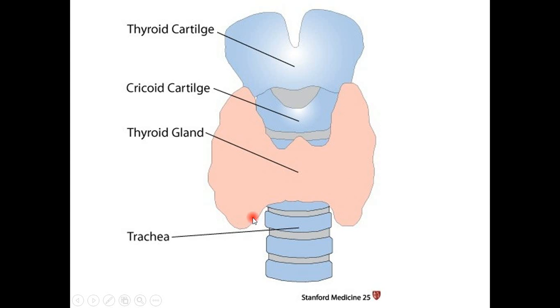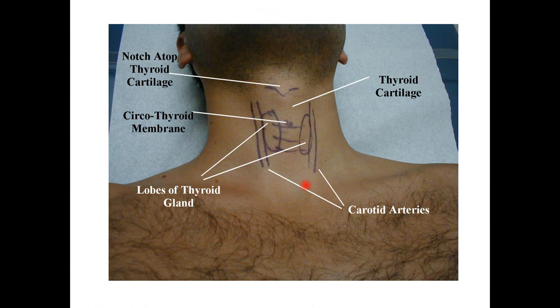Then this is the gland, weighing between 10 to 25 grams, and this is the trachea. It is composed of the left and right lobes, and this is the isthmus. These are both carotid arteries, and this is the left and right gland, and this is the isthmus. This is the thyroid cartilage and the cricothyroid membrane.